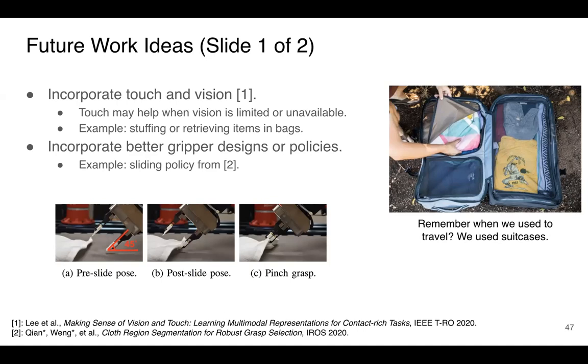If you remember back when we used to travel, we would use something called suitcases. Suitcases tend to have many items stacked on top of each other, layers and layers of clothing. So if a robot has to insert or retrieve items that are buried deep within some suitcase, that might be a case when vision won't help too much, but touch is going to be very useful.